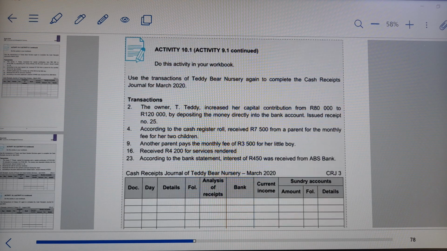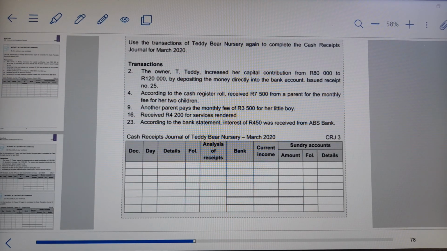So I will just take you, for example, through transaction number 2. Transaction number 2, T30 increased the capital contribution from 80,000 to 120,000 by depositing the money directly into the bank account. On the document, I will have receipt R25.